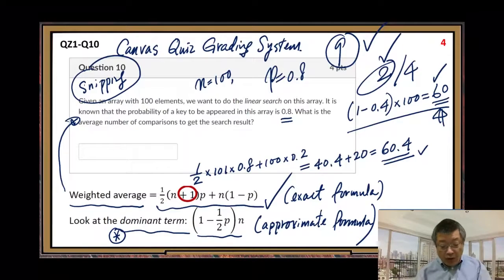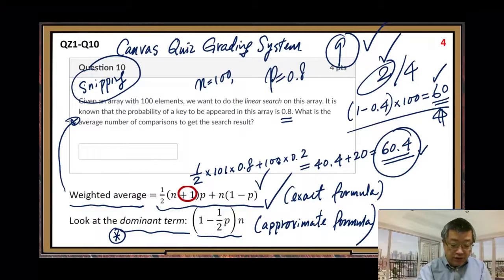But there is another point I want to point out. Another possibility: some students use the correct formula, the first formula, and that's correct. But after they get 60.4, they see that here we are talking about the number of comparisons, and they feel the number of comparisons should be an integer.